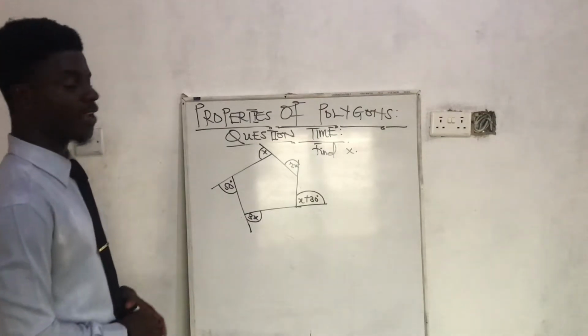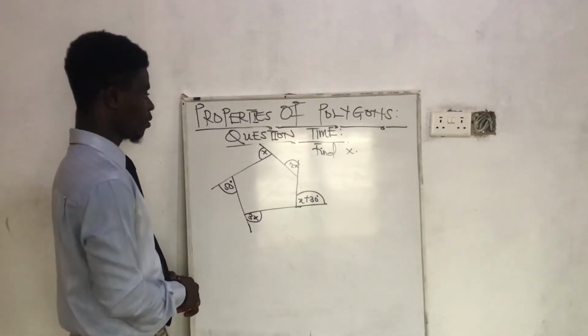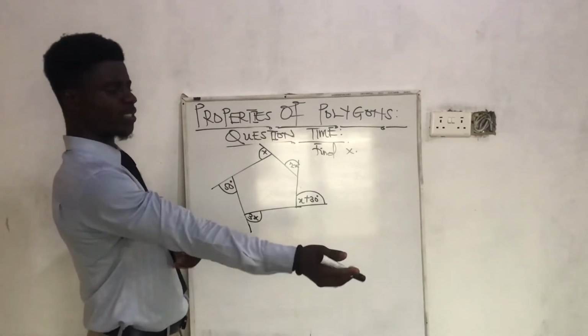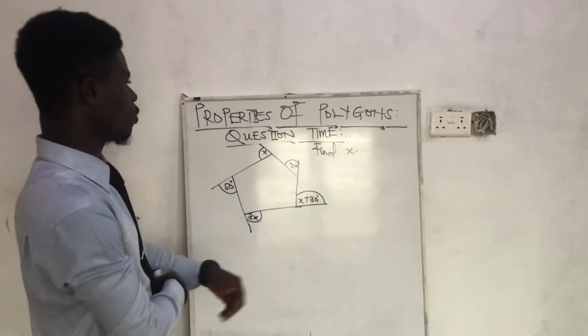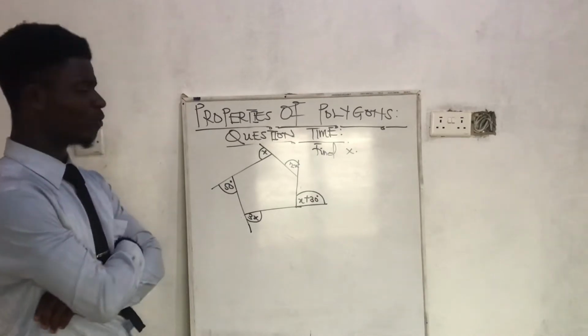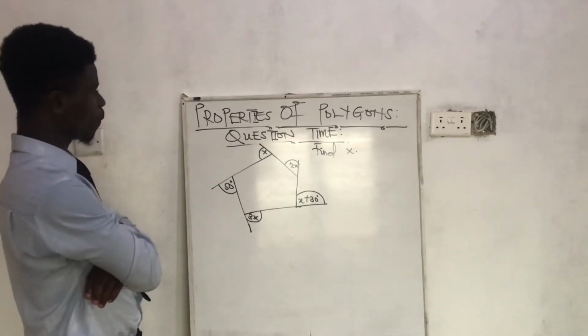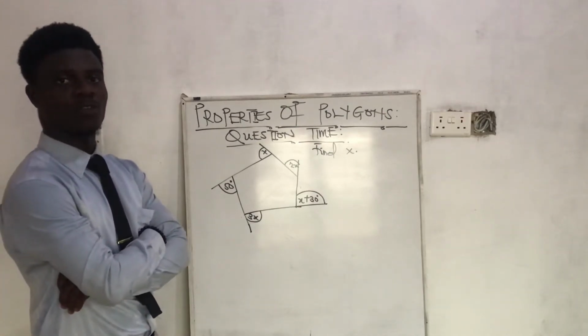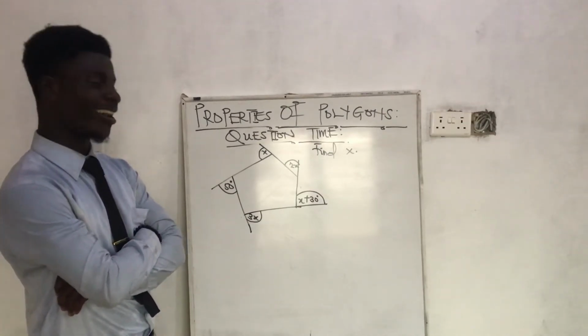So the question says find x in the diagram. So this is another, different question on properties of polygons. So how best can you solve this question? You can try. You can pause the video and try.